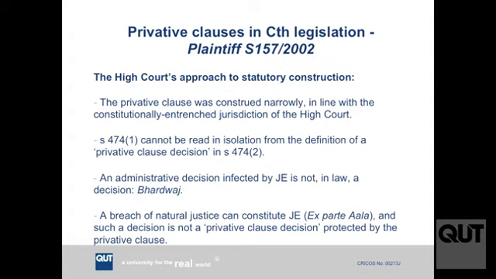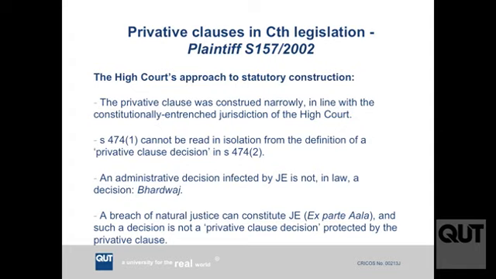The majority of the High Court, which consisted of Justices Gaudron, McHugh, Gummow, Kirby and Hayne, interpreted the privative clause in Section 474 of the Migration Act very narrowly, noting that there are two basic rules of statutory construction which apply to the interpretation of privative clauses.